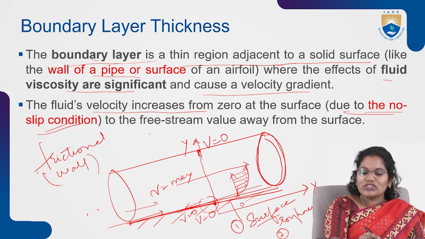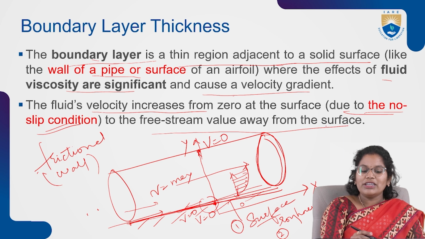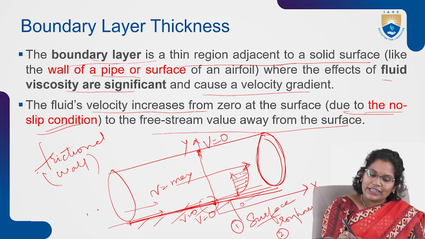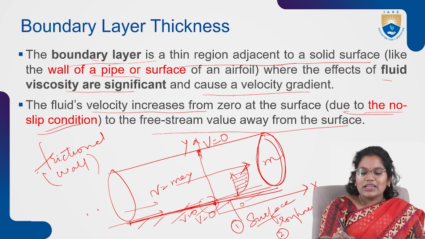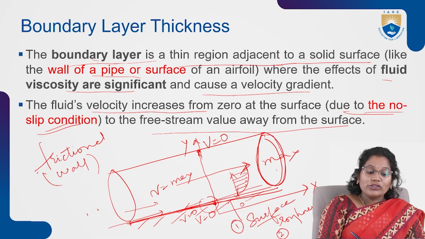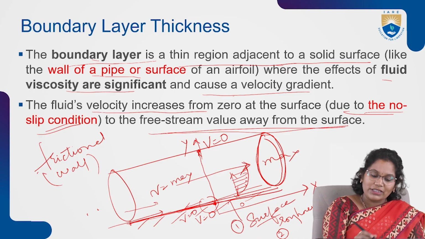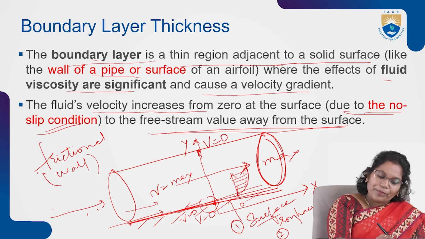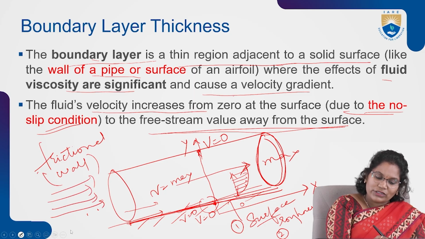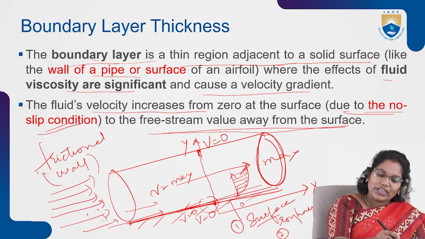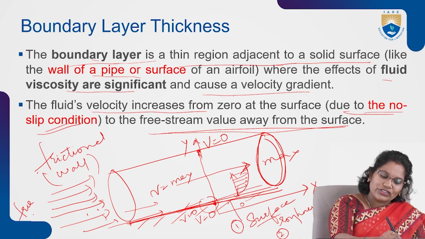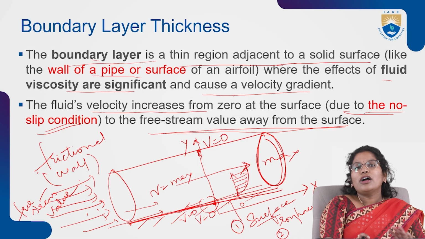Toward the free stream value away from the surface, at the center, the velocity is maximum, right? Free stream value means the fluid which is outside, before entering the boundary.